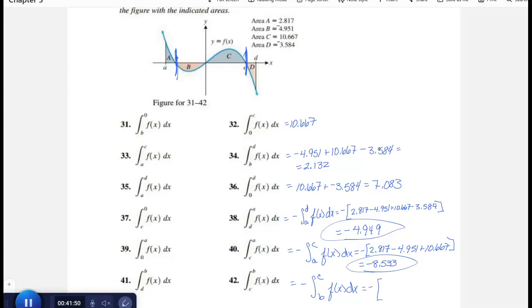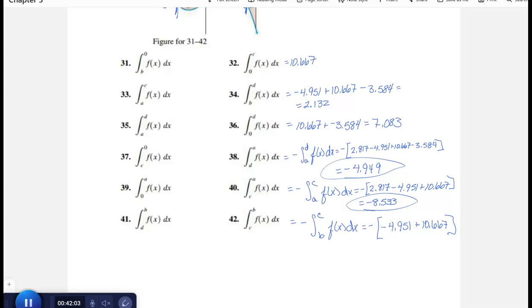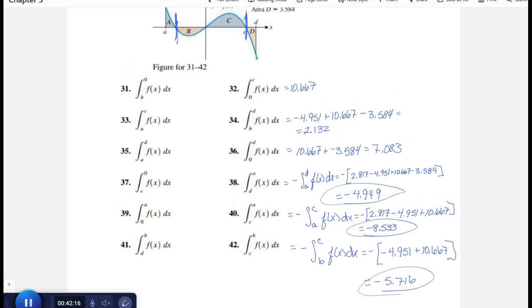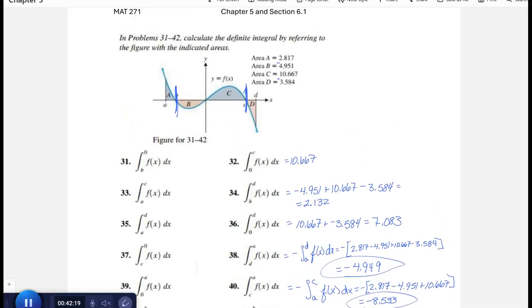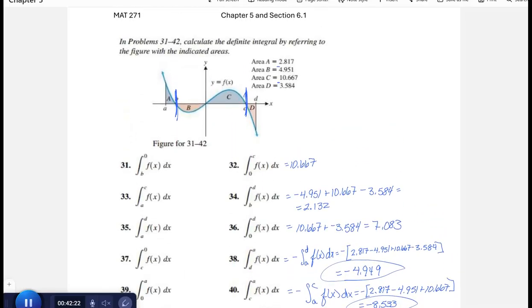That's going to be region B is negative 4.951. Region C is 10.667. I ended up with a negative 5.716. So that's how we can use the properties of integration and definite integrals to help us figure some things out.